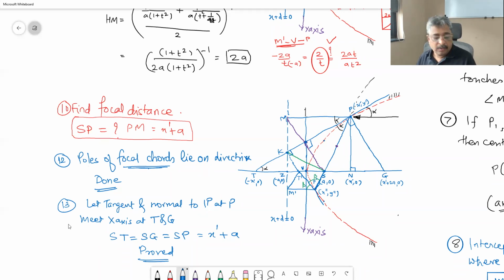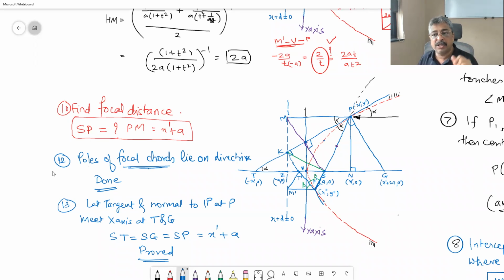Now we are supposed to eventually do the general parabola also. We will learn simultaneously. When we do ellipse and hyperbola in standard form, we will study properties of ellipse and hyperbola also in standard form, and then we will deal with general position parabola, general position ellipse, general position hyperbola together.